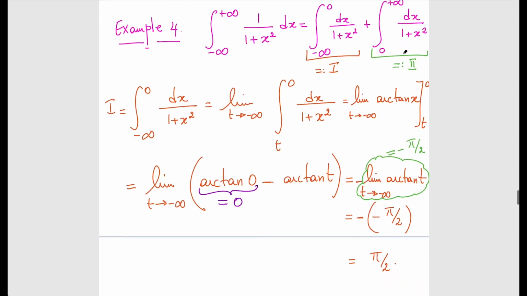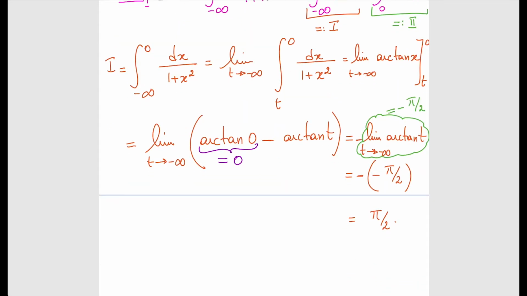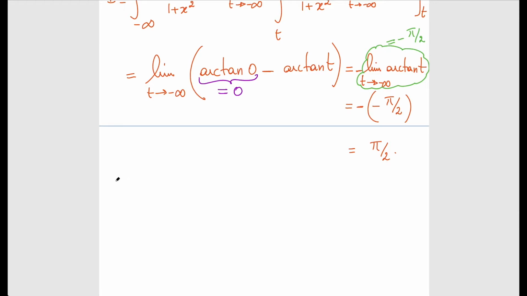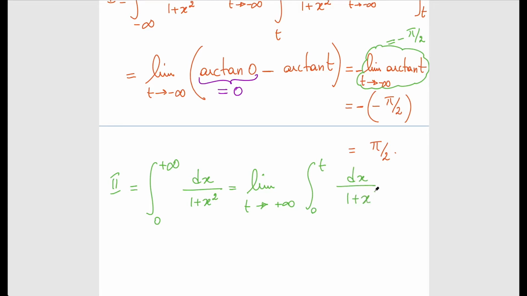So let's go to 2 now. So 2, which is the integral from 0 to plus infinity dx over 1 plus x squared. And this is, by definition, part A of the definition: the limit as t goes to plus infinity of the integral from 0 to t dx divided by 1 plus x squared. Same thing as before.